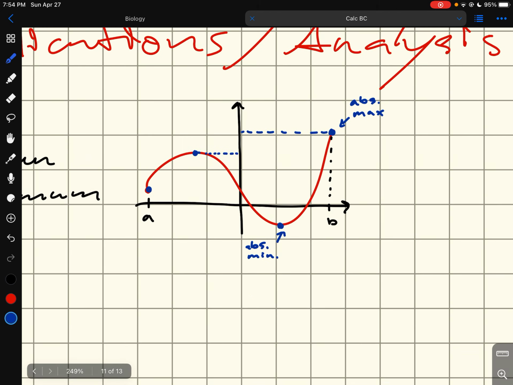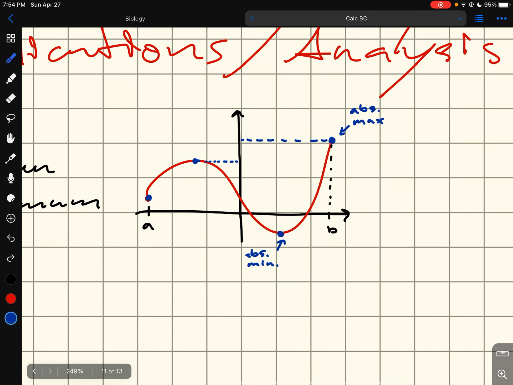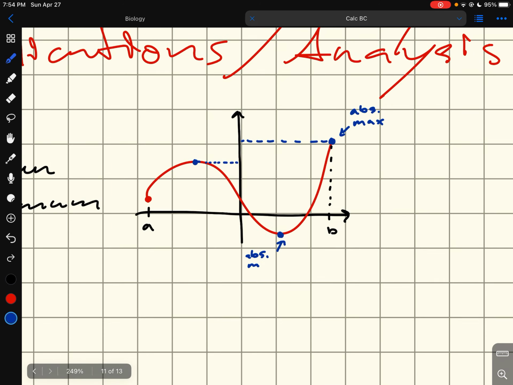Here we also have a minimum, but it's not as far down as this minimum is. So that's how you know which one's absolute and which one's not absolute. Let me get rid of these dotted lines actually. Absolute min.